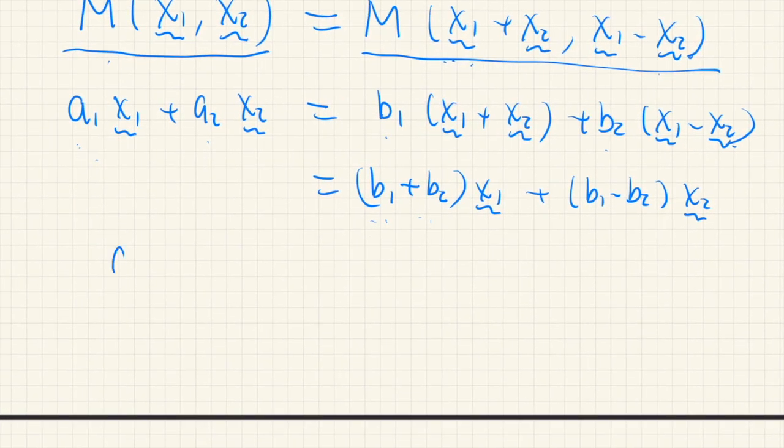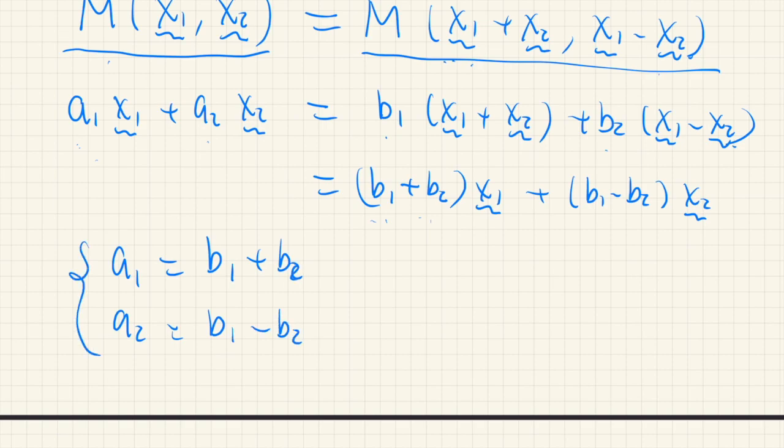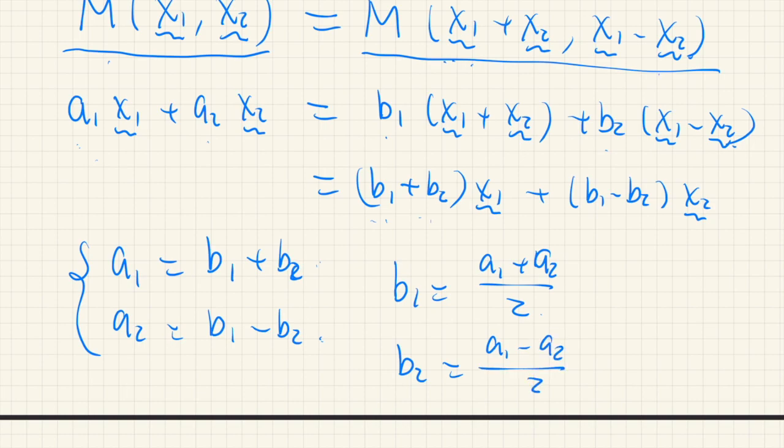Now, if we solve this equation, a1 equals b1 plus b2 and a2 equals b1 minus b2. And if we solve this, let's see, how can we solve this? So b1 is equal to, if we add these and divide by 2, a1 plus a2 over 2, and b2, subtracting these, a1 minus a2 over 2.